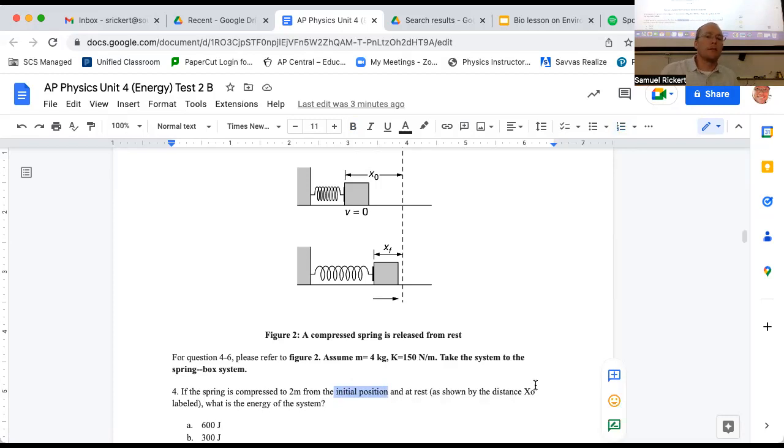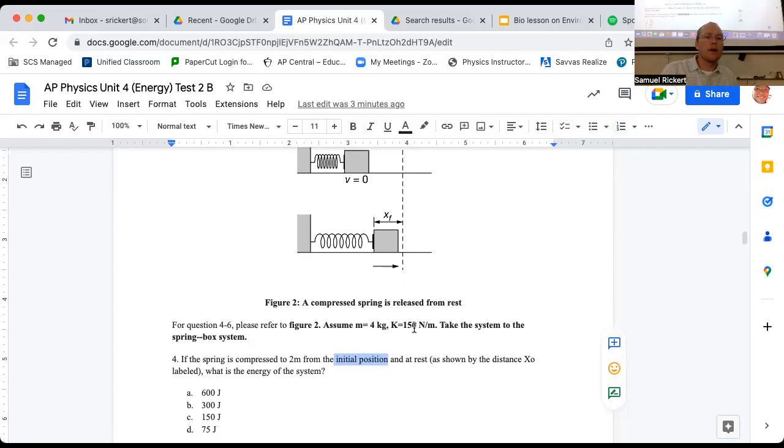So we just plug that in. 2 squared is 4. 1/2 of 2 is 2, because with multiplication, we can move stuff around if it makes our lives easier. So 2 times k is 300 joules. If you plug in all the units and do dimensional analysis, you'll see that you get newtons times meters, which is joules. Always a good thing to check.